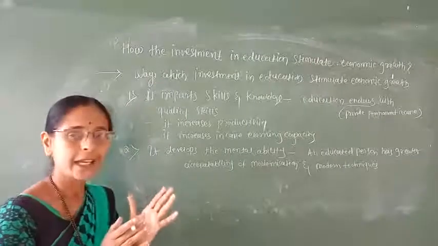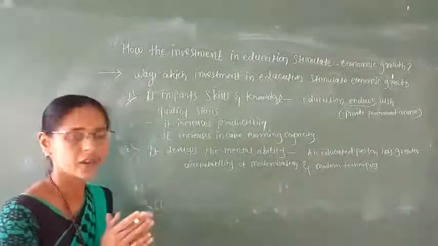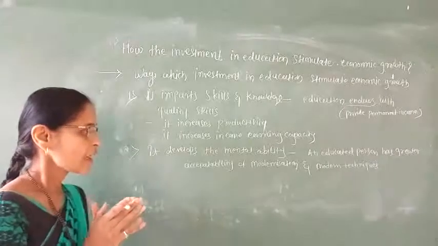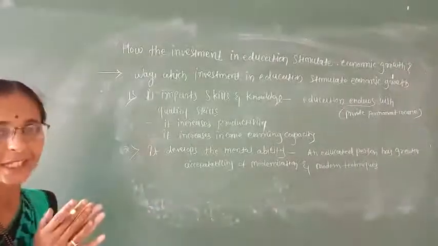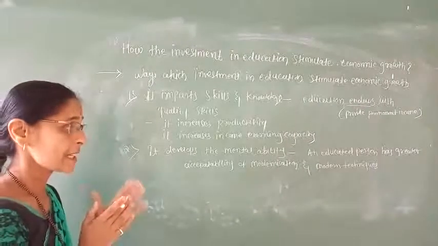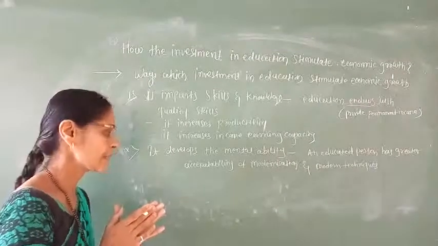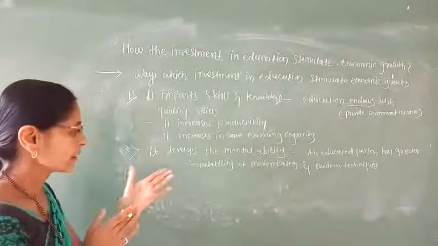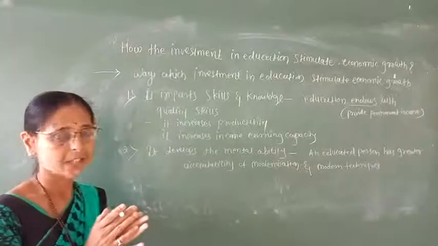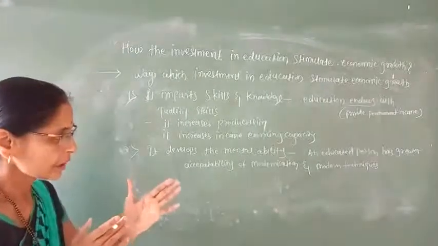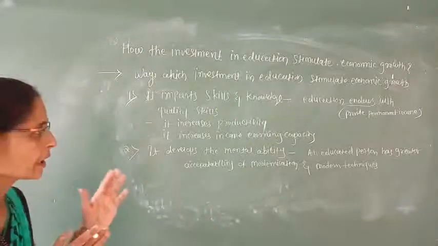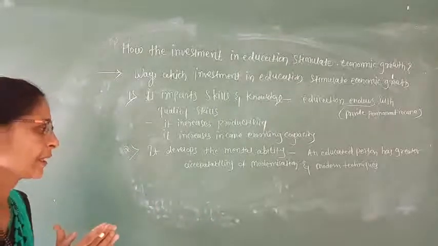Because he has knowledge about these techniques. So compared to the uneducated person, the tendency of the educated person is to accept modernization and the modern techniques, and it is helpful to the economic growth of the nation.